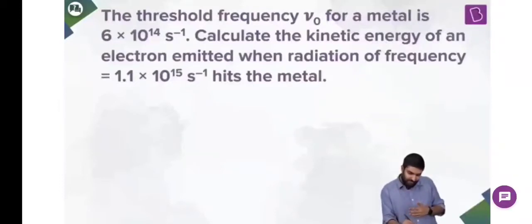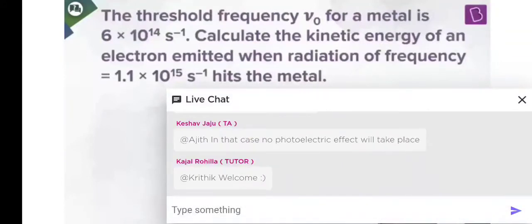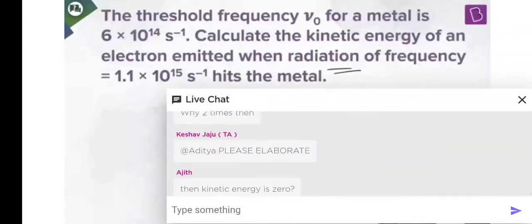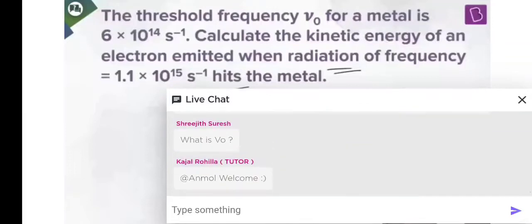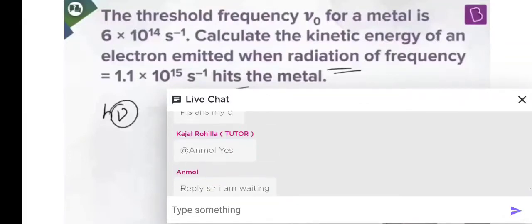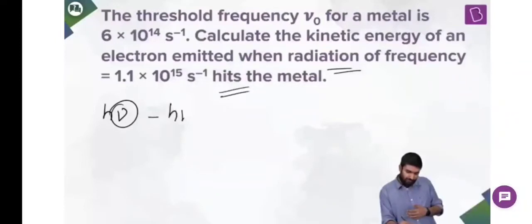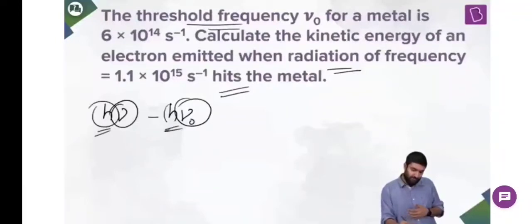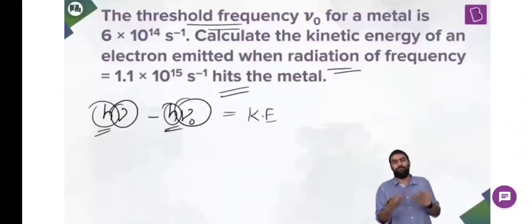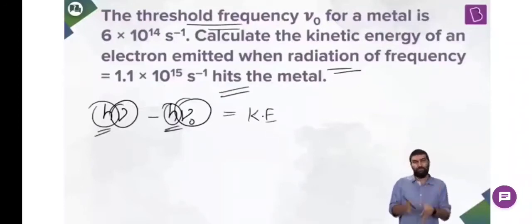We know the radiation that hit the metal. Minus what do we have? We have the threshold frequency. This and this is a constant, so we know this as well. And the question is asking kinetic energy. Oh wow, this is a very straightforward question.